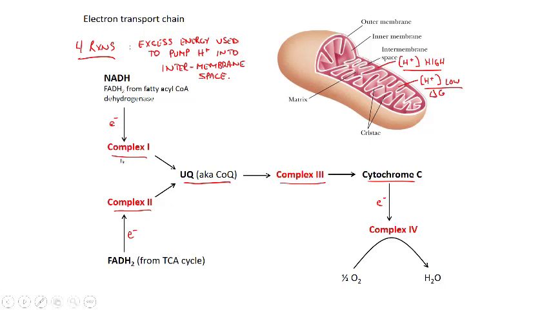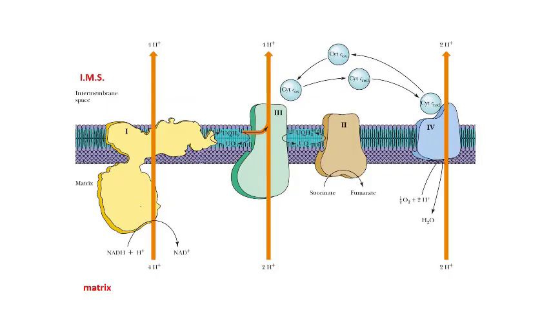All right, and that actually happens at 3 of our complexes: complex 1, complex 3, and complex 4. Complex 2 does not pump protons. All right, so with that set up, here's the electron transport chain.